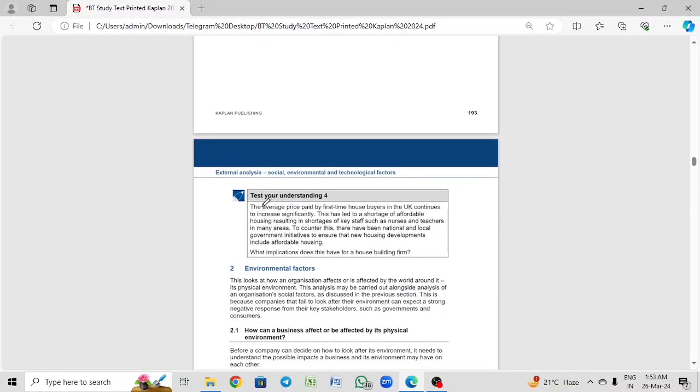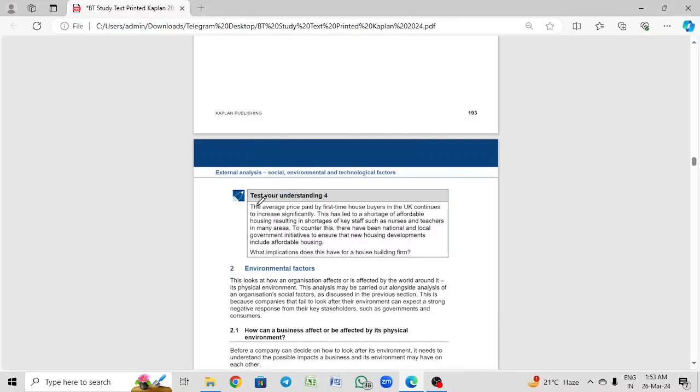Test to understanding number 4: the average price paid by first time house buyers in the UK continues to increase significantly. This has led to a shortage of affordable housing, resulting in a shortage of key staff such as nurses and teachers in many areas. To counter this, there have been national and local government initiatives to ensure that new housing developments include affordable housing.